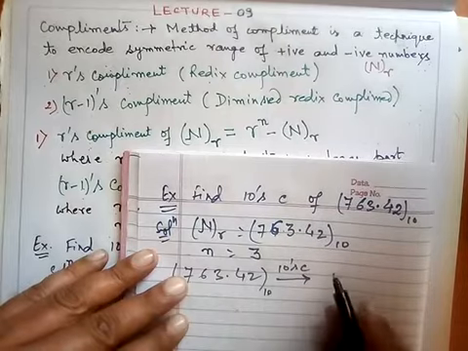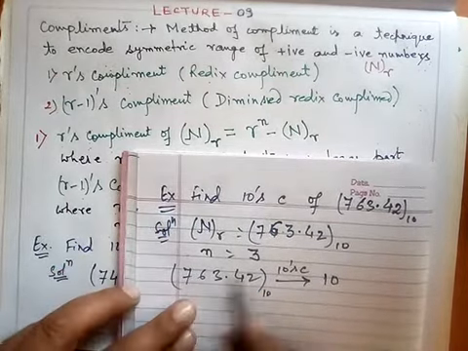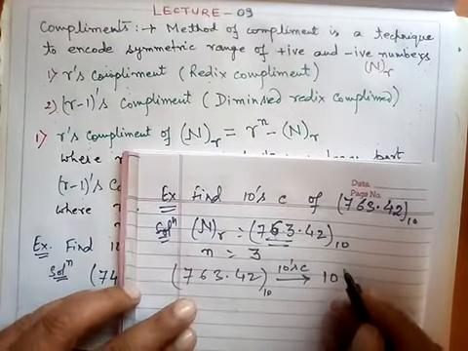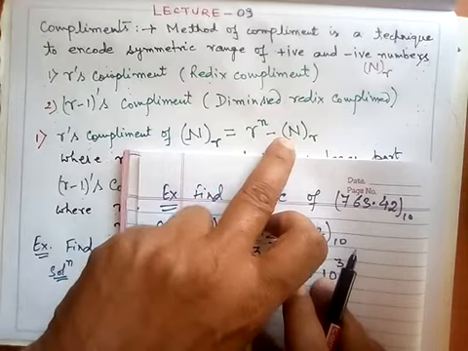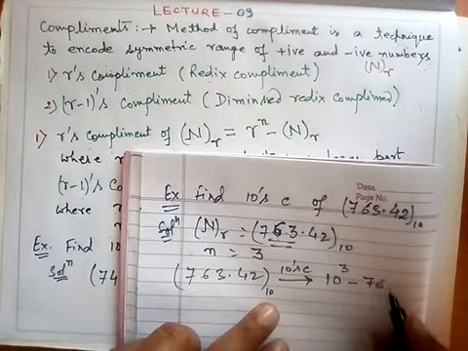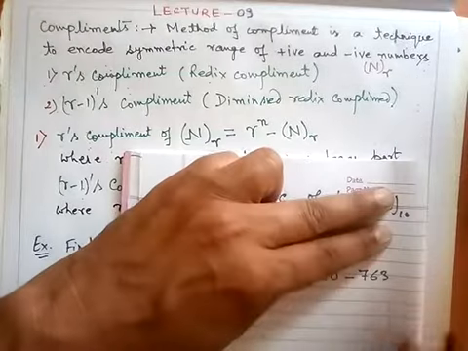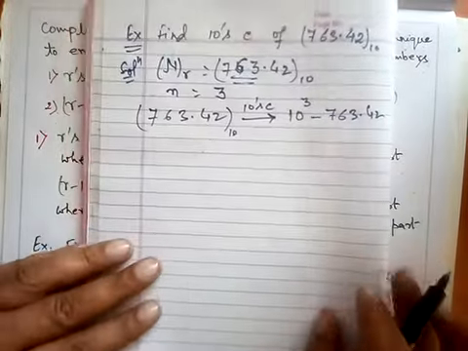R is 10, so it is 10 to the power 3. What is n? N is the number of digits in the integer part. So it is 10 to the power 3 minus this number with base r, minus 763.42. I hope that this is clear to you.